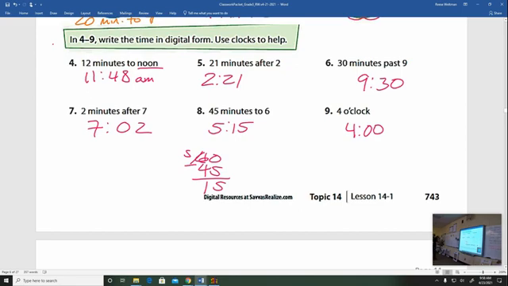So then, right now, Talon, what time does that clock say right there, Talon? Ten what? Got the 10 part right.